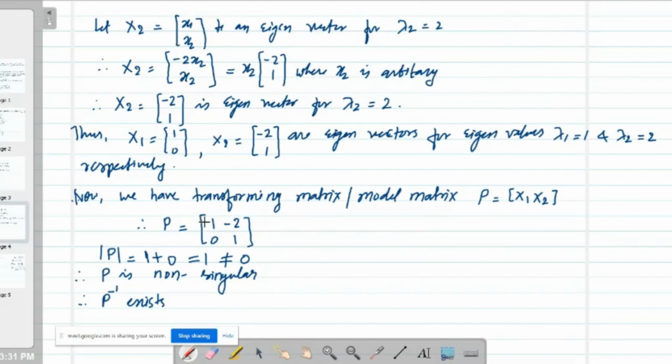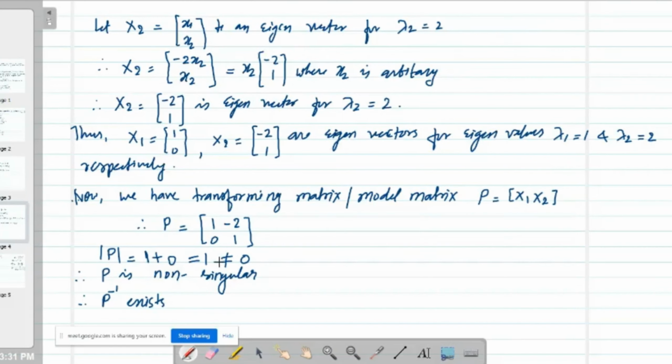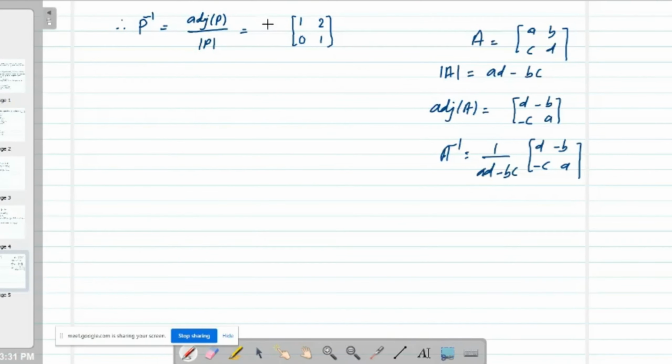ए आपका इनवर्स इस तरह से निकाला जाता है। तो यहाँ से भी आप निकाल लीजिए। पहले ट्रांसफॉर्म कर दो, सो इंटरचेंज दिस, सो विल गेट 1 and 1, 1 से 1 करोगे तो सेम मिलेगा। और नॉन बैकवर्ड डायगोनल एलिमेंट्स के माइनस साइन को चेंज करते हैं। यहाँ पे -2 था तो जस्ट 2 हो जाएगा, और यहाँ पे 0 था तो 0 ही रहेगा। और डिवाइड बाय डिटर्मिनेंट ऑफ पी, हाउ मच यू गॉट डिटर्मिनेंट? डिटर्मिनेंट इज 1। 1 अपॉन 1 करोगे तो सेम। सो यू विल गेट जस्ट सेम मैट्रिक्स [1 2; 0 1].